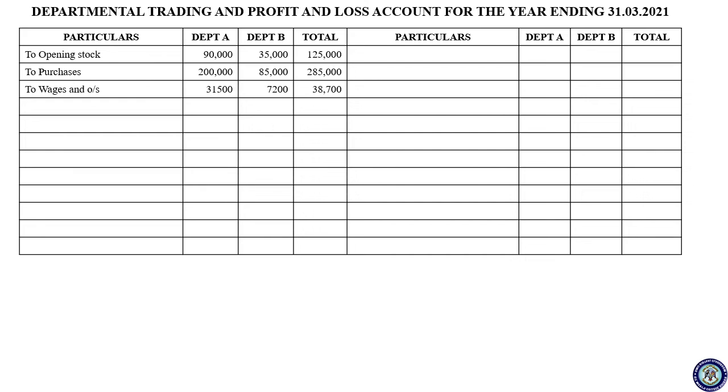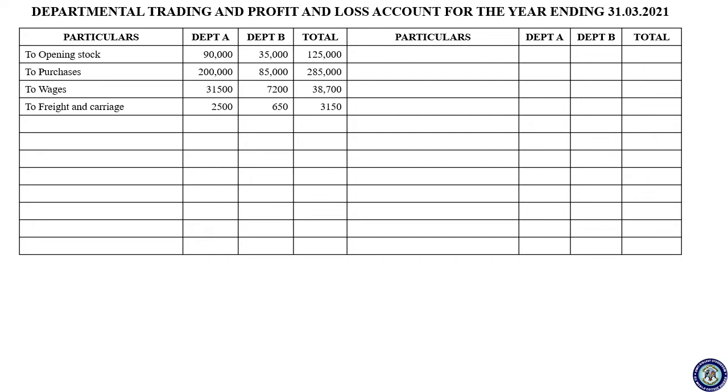So you add it to the apportioned value. For department A, 30,000 plus 1,500 comes to 31,500. For department B, it is 6,500 and outstanding 700, so it comes to 7,200. So the total is 38,700.